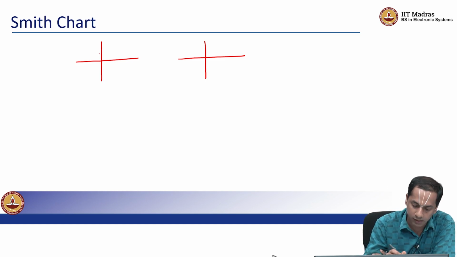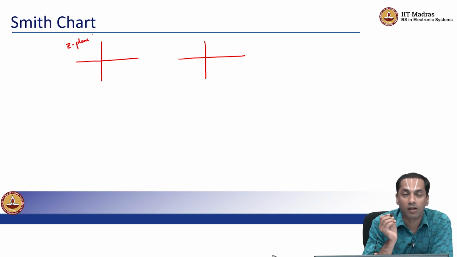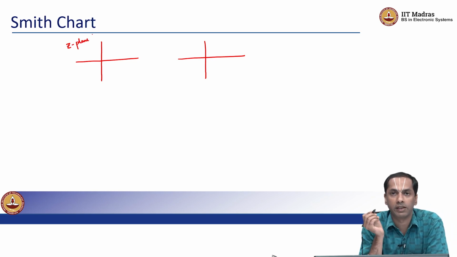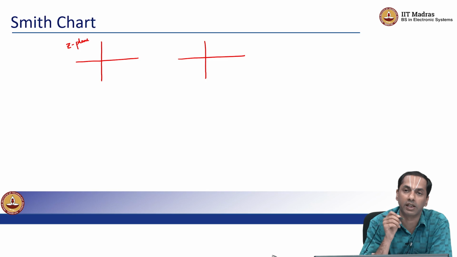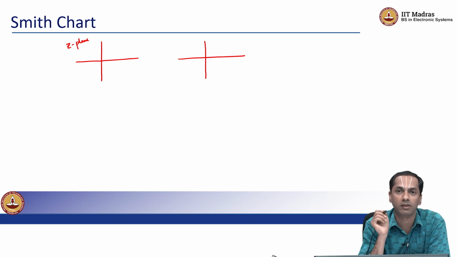But remember that our loads that are connected to the transmission line are generally a complex number, so it can be represented in the complex plane using just two variables.